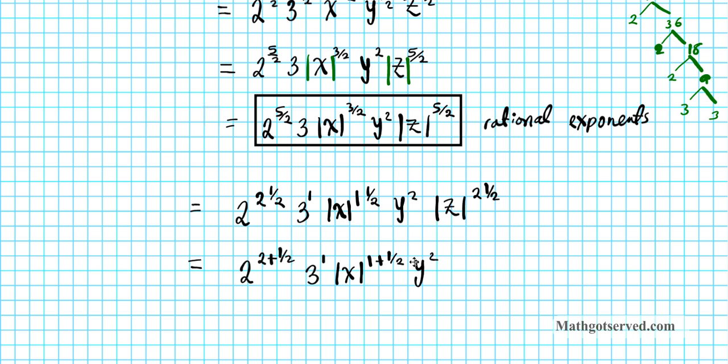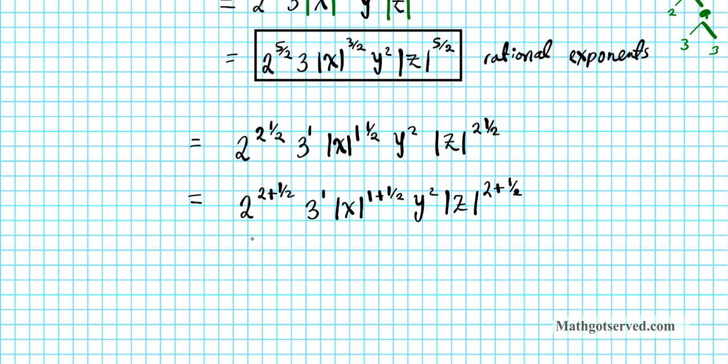Y squared, we leave that alone since it's an integer, times the absolute value of z to the 2 plus 1/2. So using the reverse of the product of powers property, since we have a sum of exponents, we can express it as the base with these addends as their exponents.